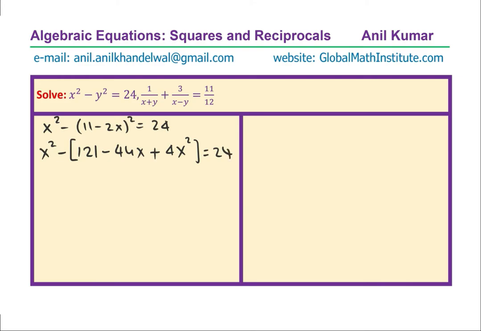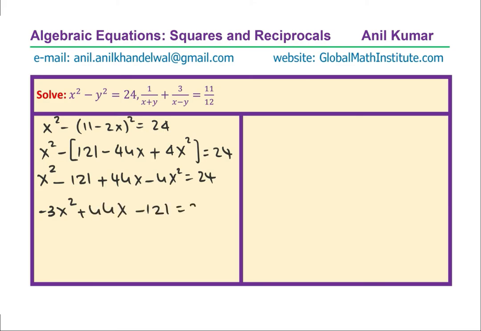So to open this bracket, we get x squared minus 121 plus 44x minus 4x squared equals 24. So we have minus 3x squared here plus 44x, and we have minus 121 equals 24.